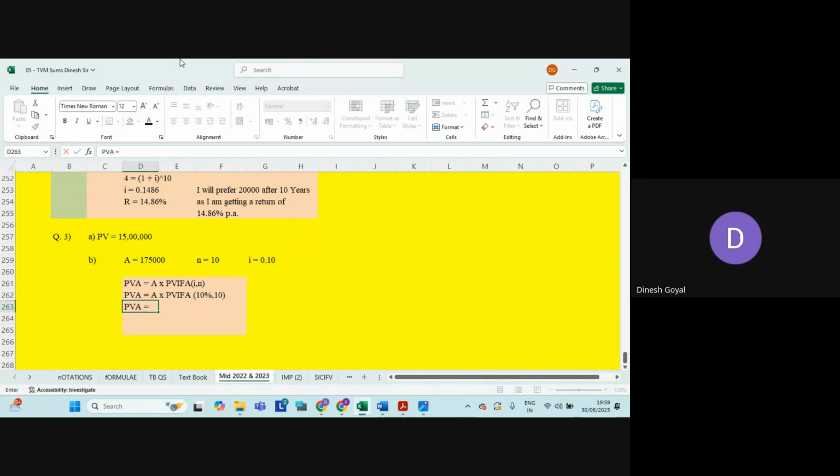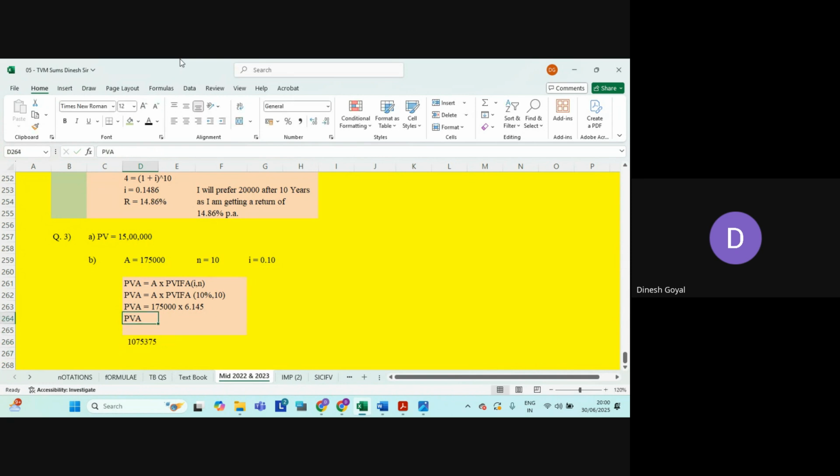So here, as they have given that value, no? So 1,75,000 into this value they have given, 6.145. So we will get the PVA value, that is 1,75,000 into 6.145.